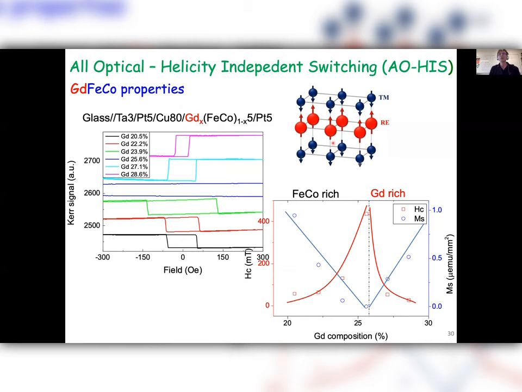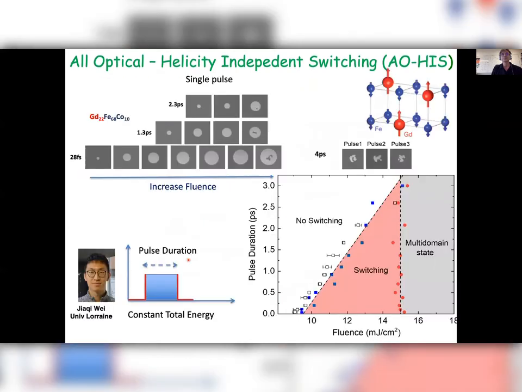So you can come to a point, for a certain concentration, where the net magnetizations of the two sublattices are equal, and the net magnetization is 0. That's what we see here for a concentration close to 25%. So in that case, magnetization decreases and the coercivity diverges. That's what we see here for the different concentrations.